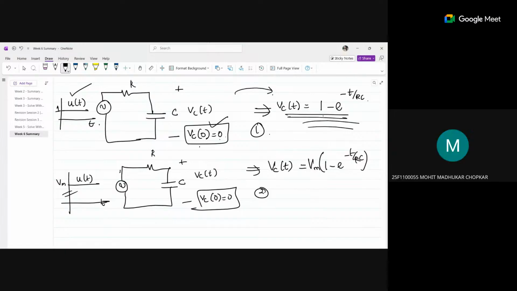Can you tell me what topic I need to practice in mathematics to derive such formulas? See, in the lecture itself, this week they would have derived for u of t. In the upcoming weeks, they would have derived for sine wave and cos wave. So watching the lecture is enough.